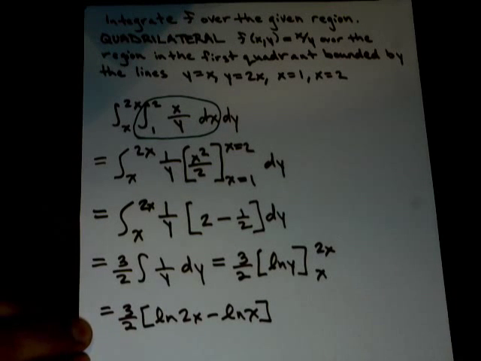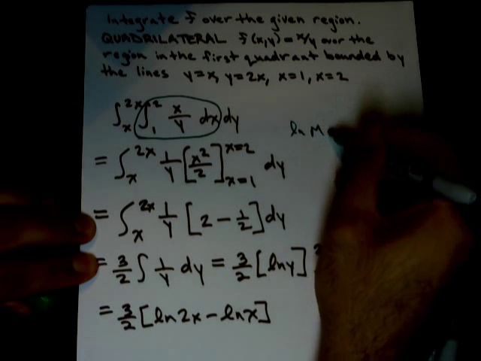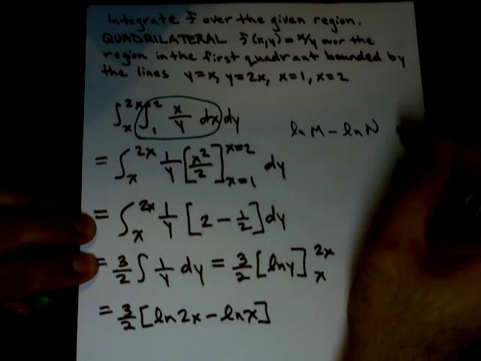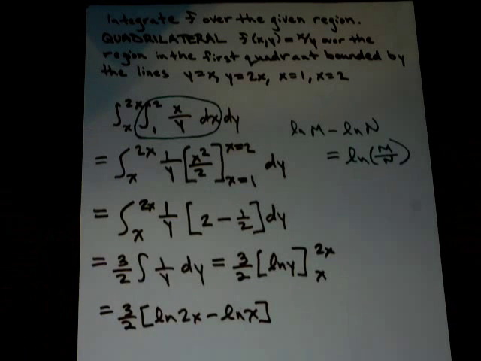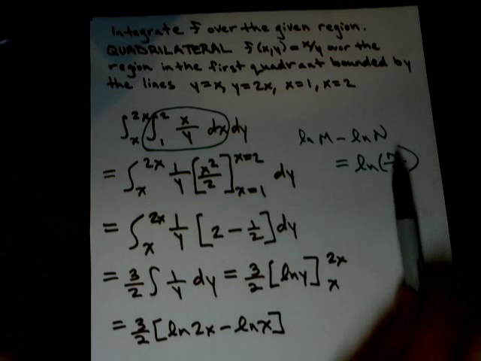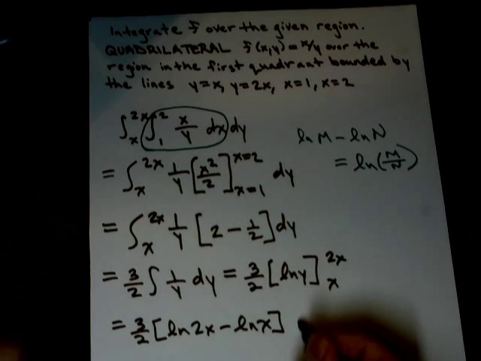And if we remember our rules of logs, the natural log of m minus the natural log of n is the natural log of m over n. And we can see that based on the law of logs, these x's are going to cancel out.